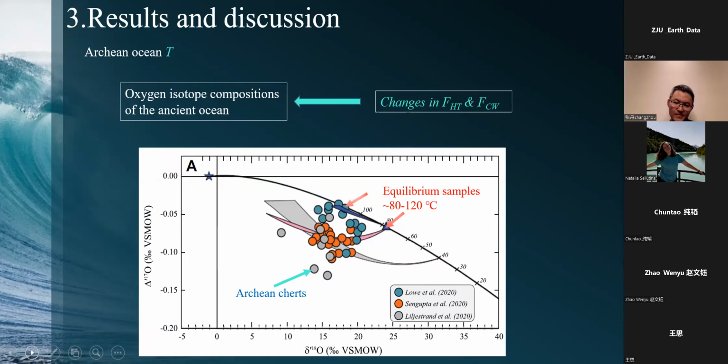I have to give a comment here: the temperature obtained here is only from the oxygen isotope system. If you use another isotope system, you will get another temperature, maybe higher or lower. So we have to know that.